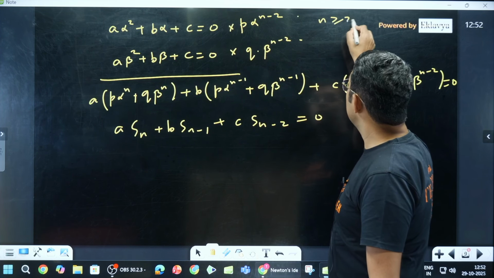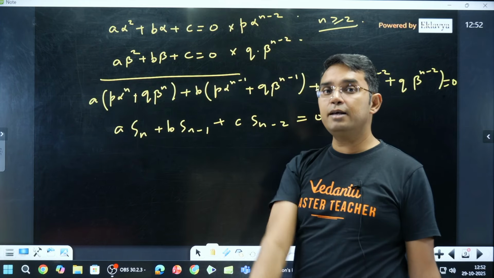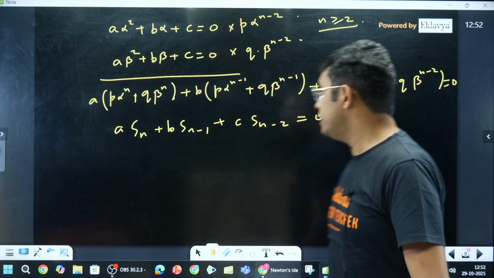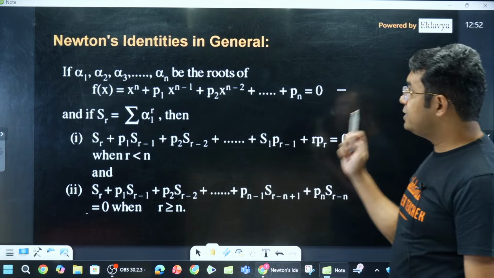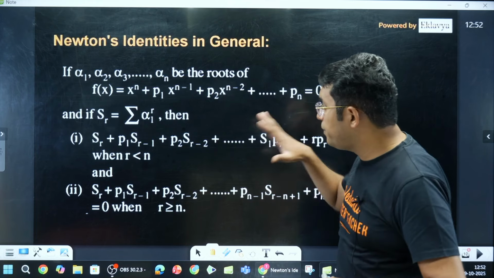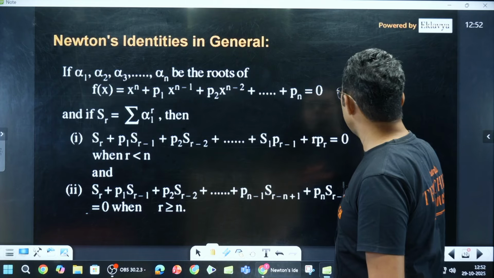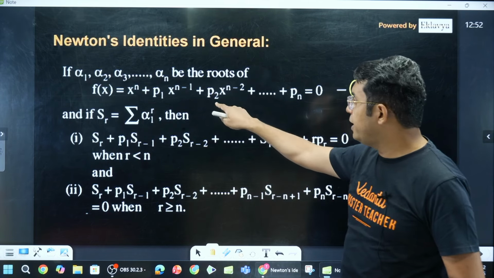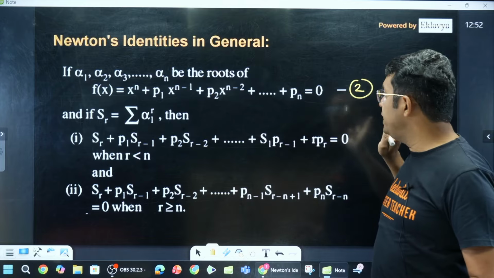If n is not, then there is some other thing that I will tell you for the general form of Newton's identity. So what is the general identity? Please understand. Suppose you are given a polynomial equation, x power n plus p1 x power n minus 1 and so on, constant term pn, is equal to 0.